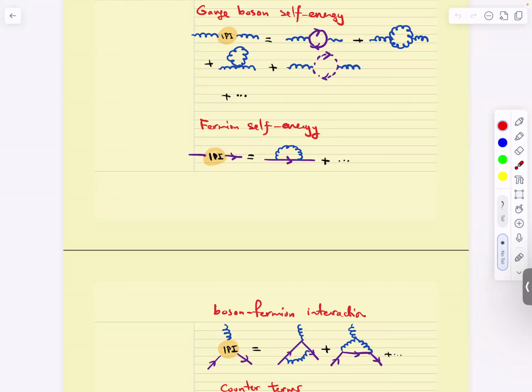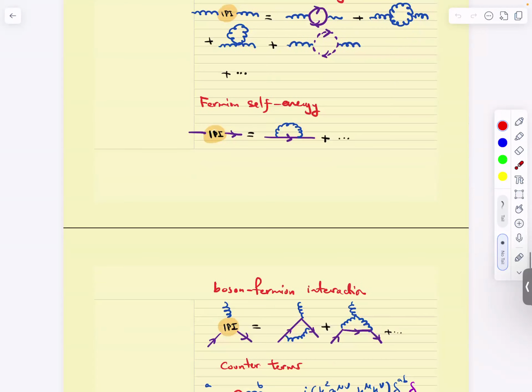So like you see, this diagram, you have a very good idea. You have done something like this in phi-4 theory. This diagram, you know exactly what it looks like. This diagram, you also know what it looks like. So these diagrams are not genuinely brand new, so you could recycle your old calculations. Here, the only diagram that is really genuinely new, I'm looking, is this one. And of course, the vertex is always complicated.